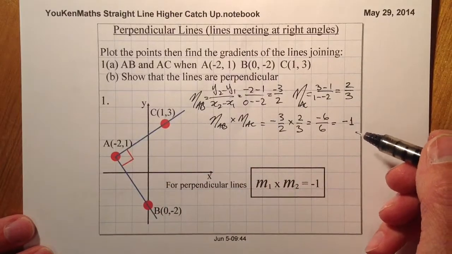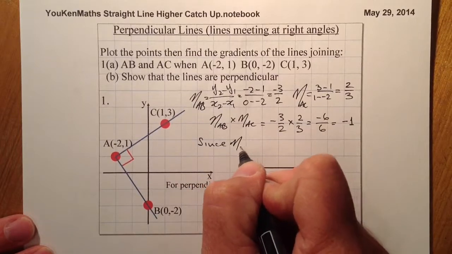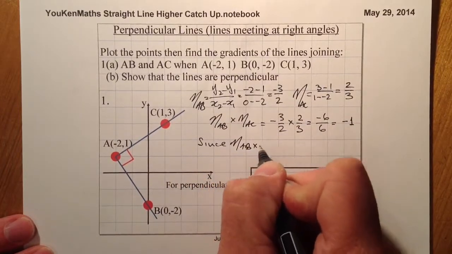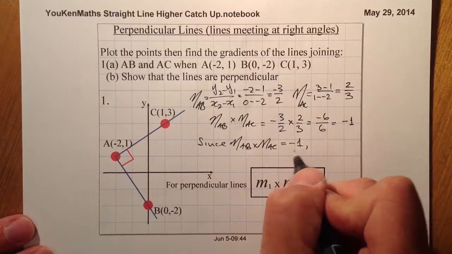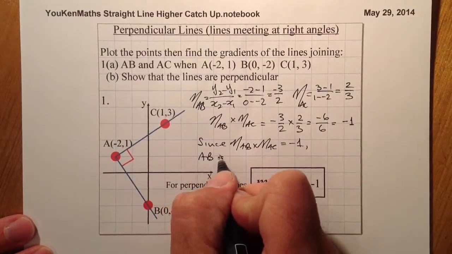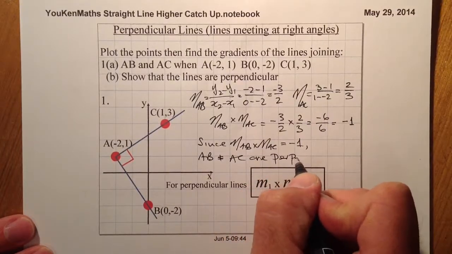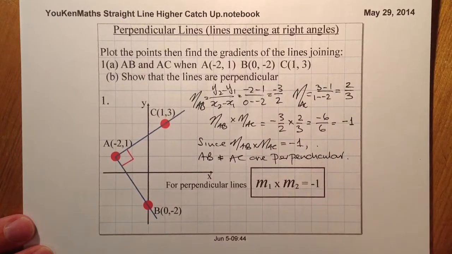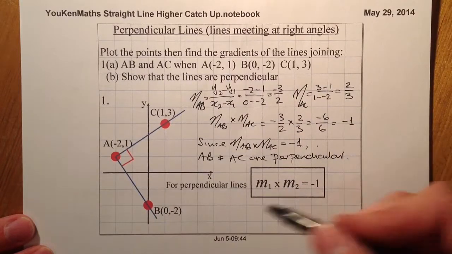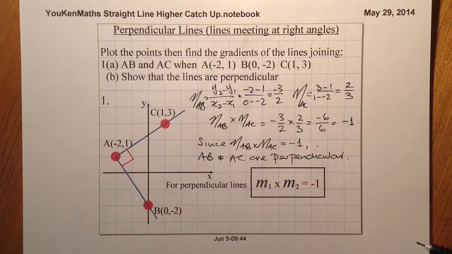Since the gradient of AB times the gradient of AC equals -1, I can say that AB and AC are perpendicular, or basically that they're at right angles to each other. And that's really what we're trying to prove here.